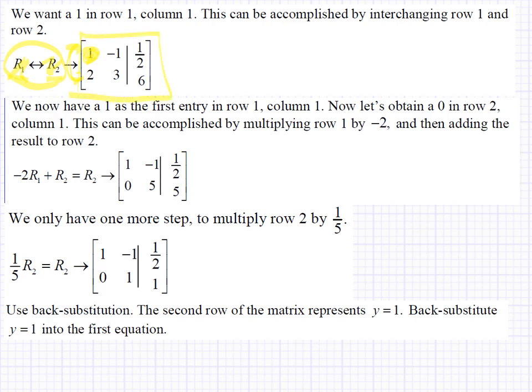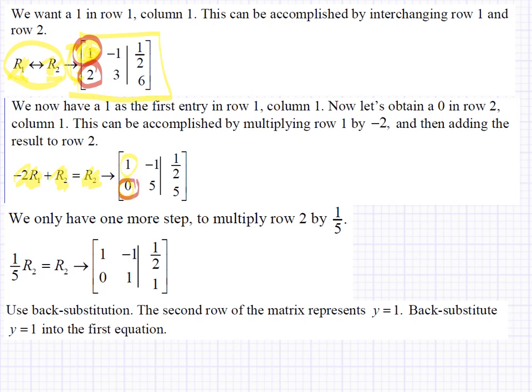That's all I did. All right, now that I have a 1 in that first position, I want to get a 0 below it. The way I can get a 0 below it is if I multiply row 1 by -2 and add it to row 2 to get my new row 2. So if I take this value here and multiply it by -2 and add it to this value here, -2 plus 2 would make 0. Now if I do that, I have to do that for everything.